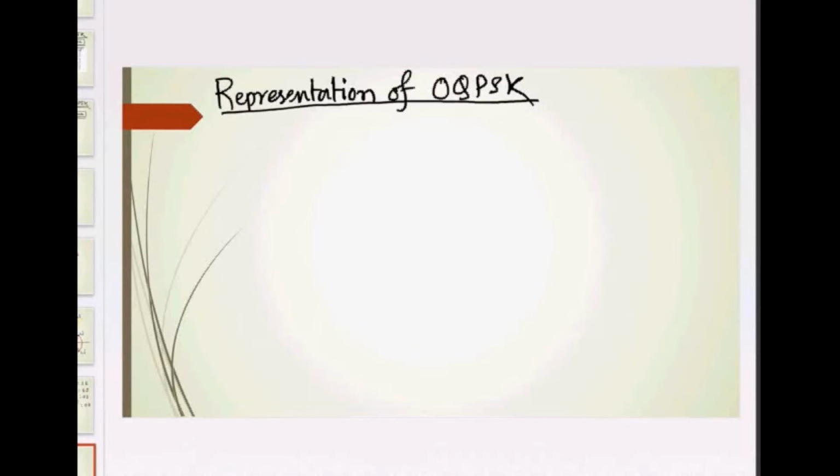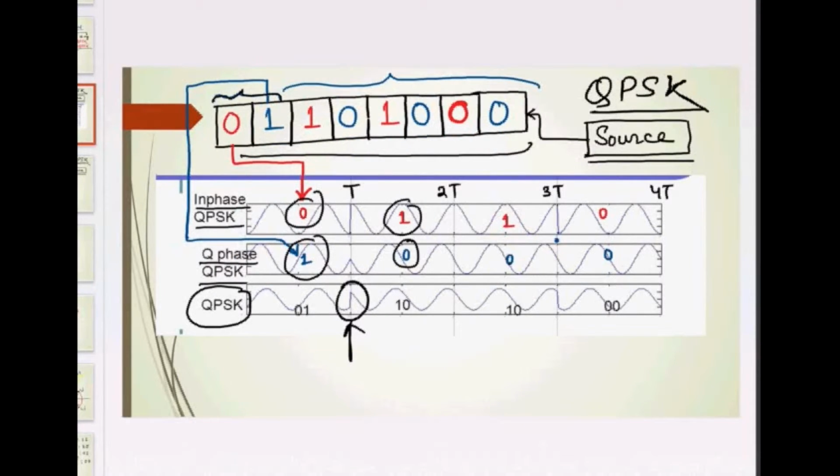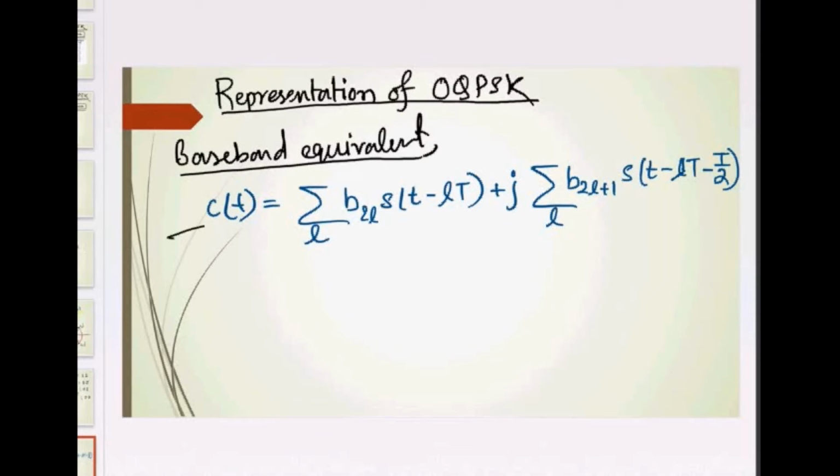Now in case of OQPSK, you have to combine two pulses which are offset by an amount T by 2 seconds. For this OQPSK, you have to consider both the even and the odd parts of the data bits separately. So let us assume that the even bits are the in phase bits, the red color bits, and the odd bits are the quadrature phase bits, that is the blue color bits. So the signal c(t) can be represented. So this is the expression.